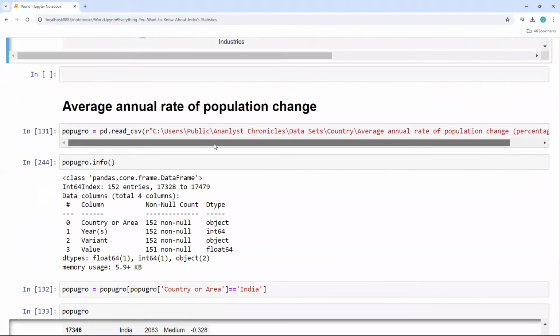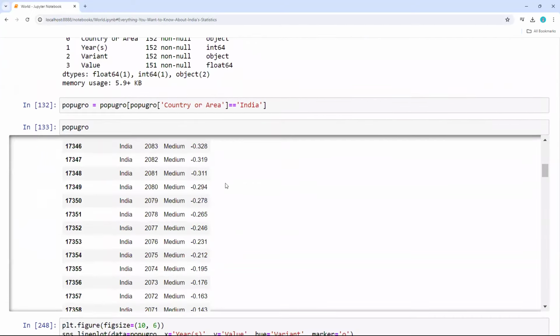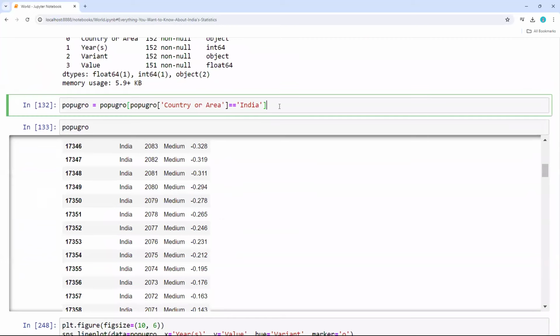And this is for the annual rate of population change. This is my data set, and this is the annual population rate, year on year. For example, from 2000 to 2024, how much the population is increasing.